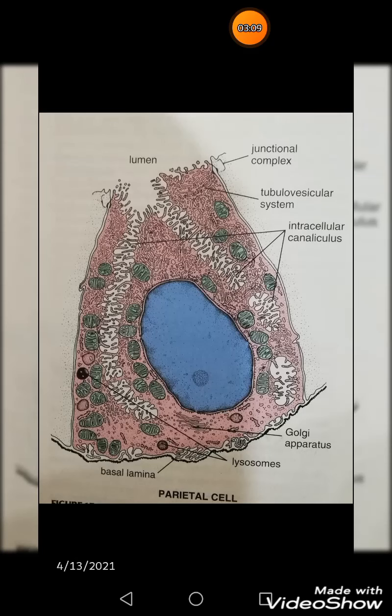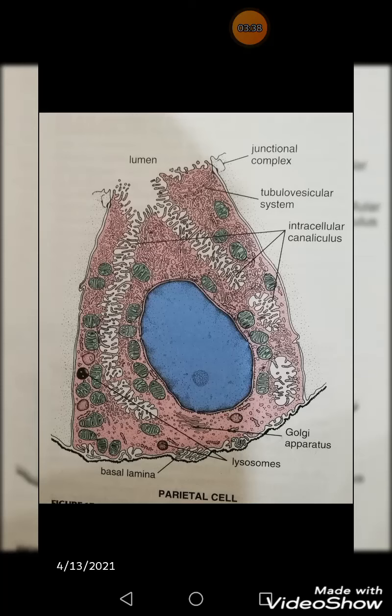Now concentrate on this parietal cell, which is drawn schematically. Now you can visualize a large Golgi apparatus, some profiles of rough endoplasmic reticulum, and of course a great number of mitochondria. And the lifespan of these parietal cells is maximum, about 150 to 200 days.